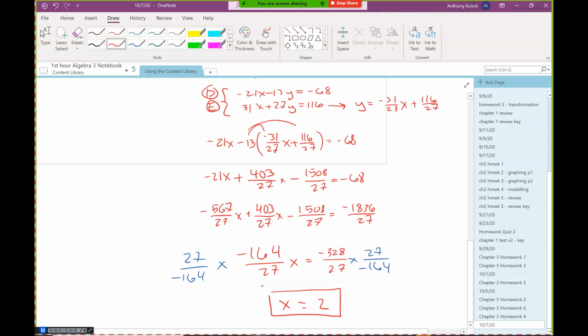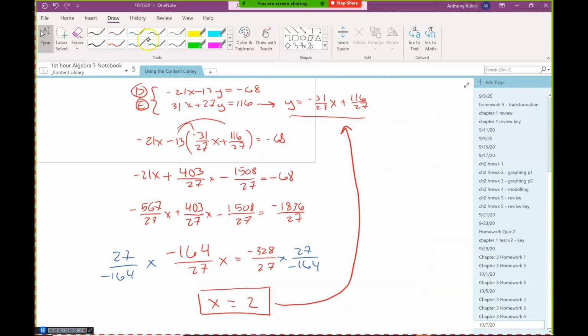To get the next part, we're going to go ahead and plug this back into our equation for y. So 2 times negative 31 over 27 is negative 62 over 27.